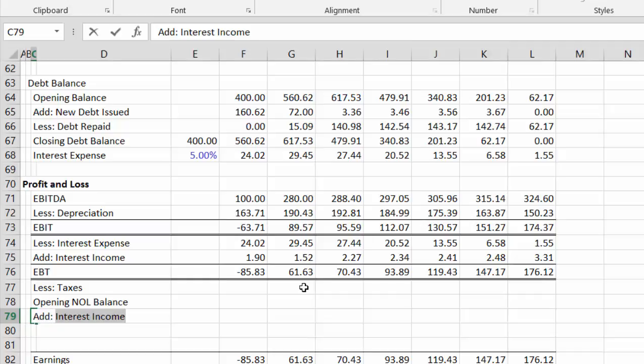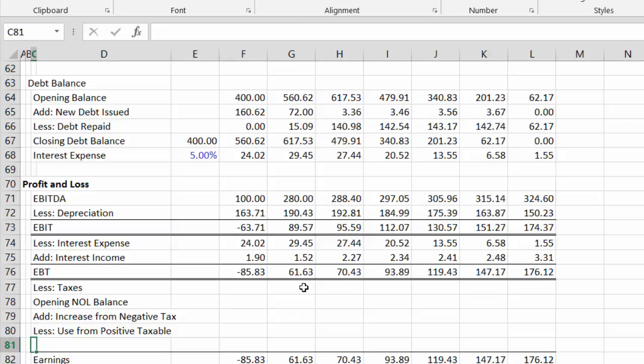We add the increase from negative tax less the use from positive taxable.